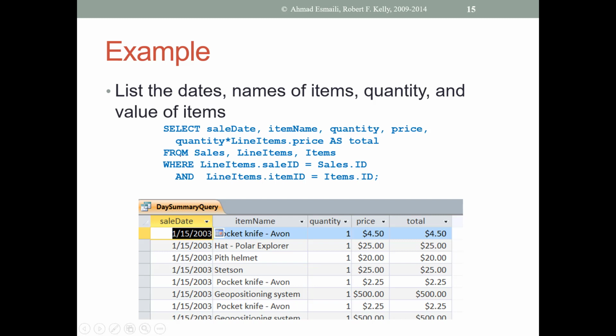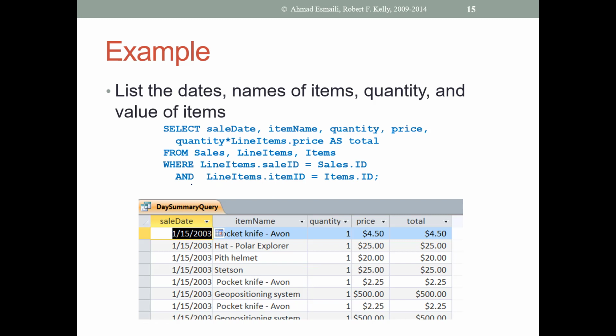And we want this information from these three tables: sales, line items, and items. Now you have the join condition, and here we are doing an implicit join. An implicit join is simple compared to an explicit join, because the syntax of the explicit join is a little more complex. In an implicit join, you just need to establish this equality, which is line items.sale id is equal to sales.id. And there are two conditions, right?